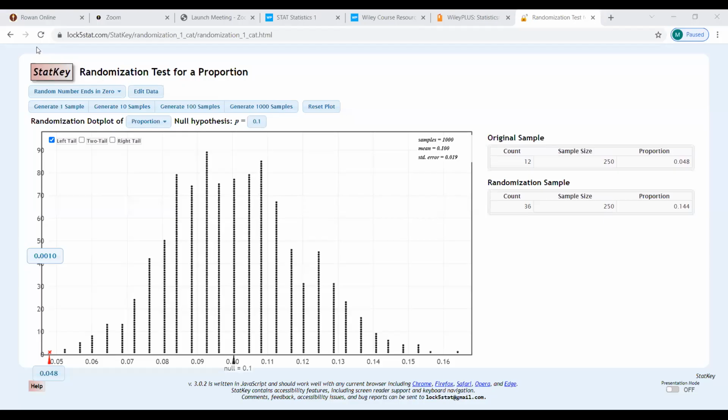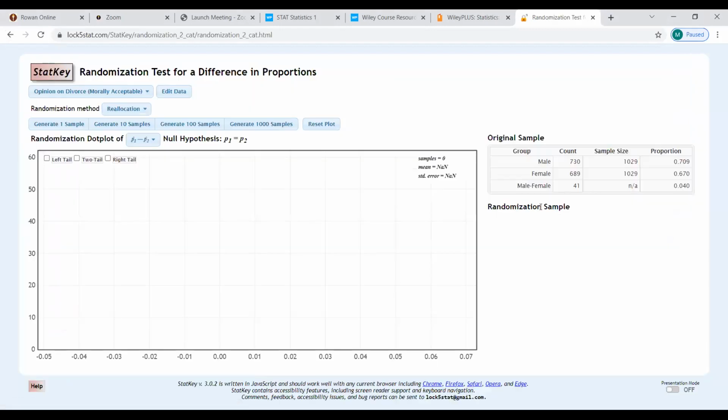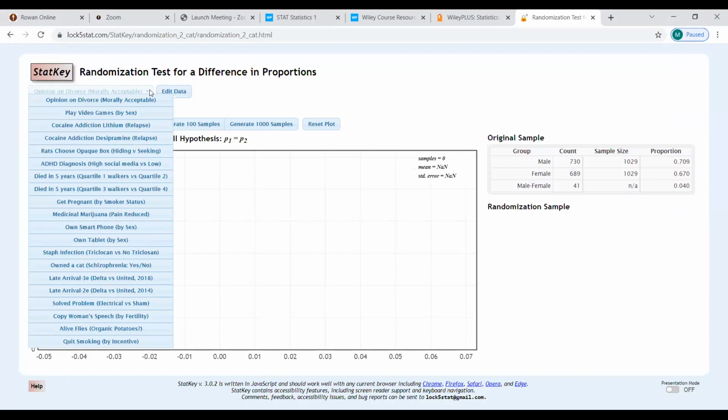Now this involves two proportions, the difference in two proportions. I'm going to click this one here. Let's see if we can see the video game on here. And it's actually right here: Play video games by sex.